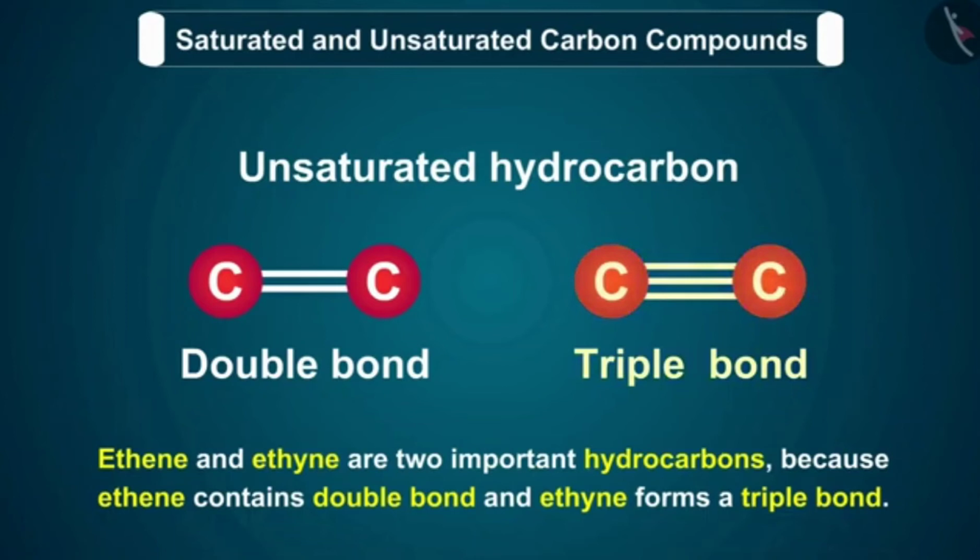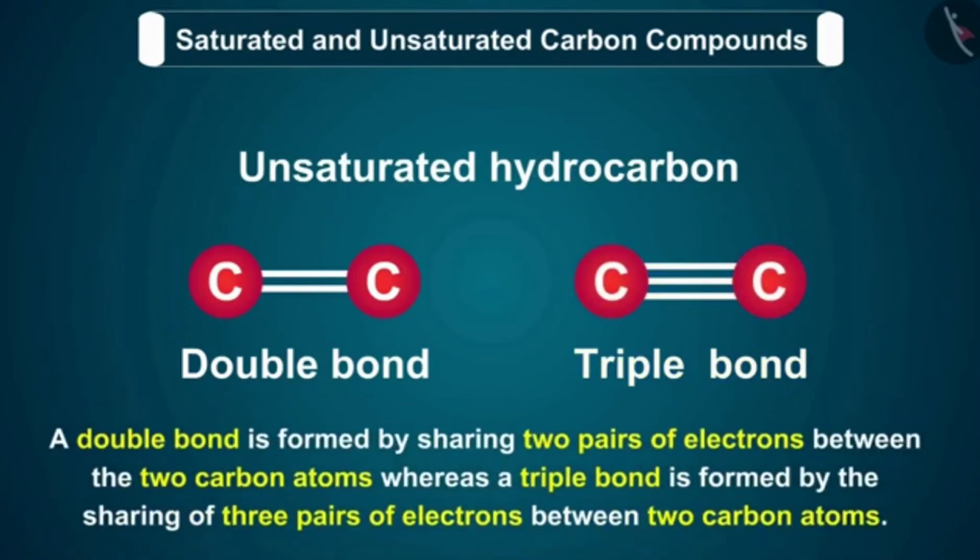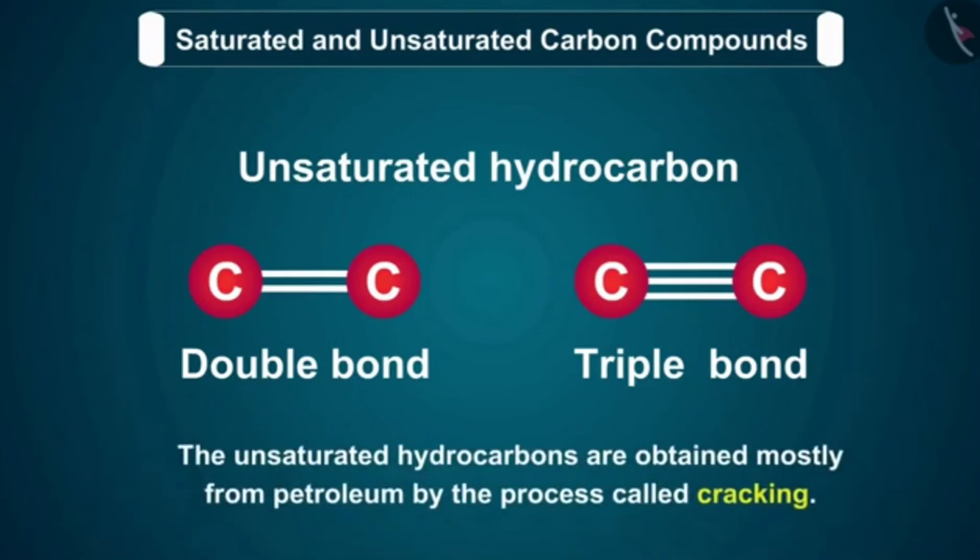A double bond is formed by sharing two pairs of electrons between the two carbon atoms, whereas a triple bond is formed by the sharing of three pairs of electrons between two carbon atoms. The unsaturated hydrocarbons are obtained mostly from petroleum by the process called cracking.